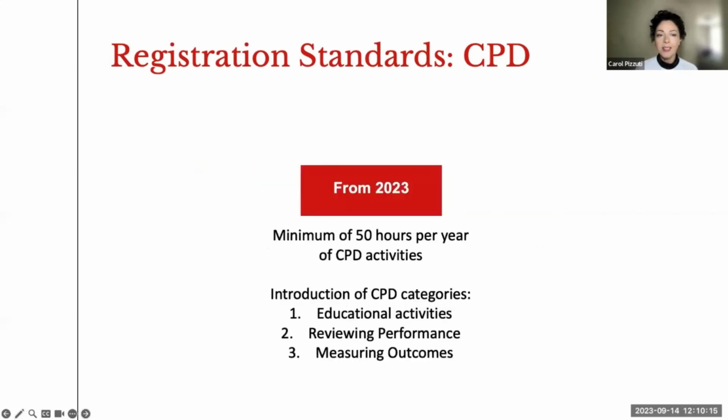The current CPD registration standards, effective from 2023, are completely different, as you can see. They set a minimum hour requirement of 50 hours per year. They introduce 3 CPD categories, and they also introduce mandatory minimum hour requirements for each of them.